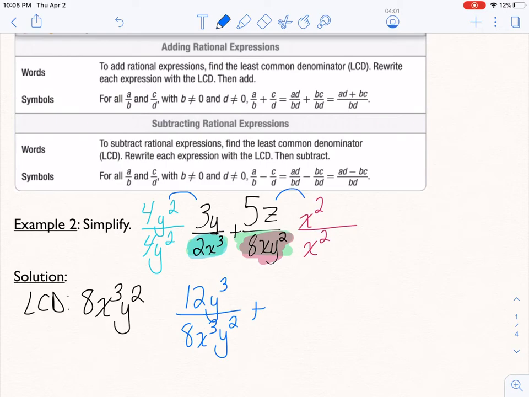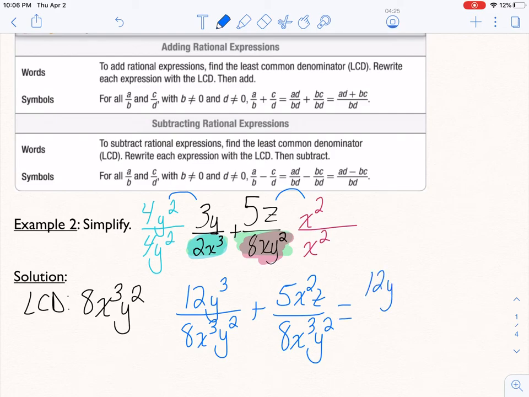plus, now multiplying these together, 5x squared z. Notice that I should always put these in alphabetical order. And then 8 times no number, x times x squared is x to the third y squared. Now when I look at this, my denominators are the same. Once your denominators are the same, you can add the fractions.